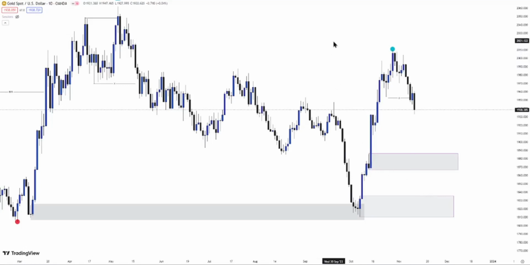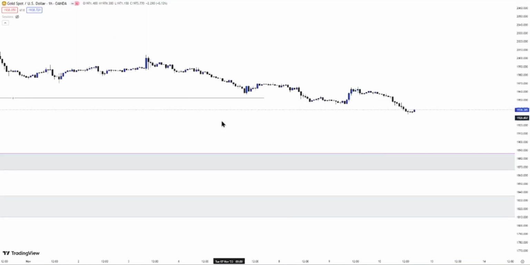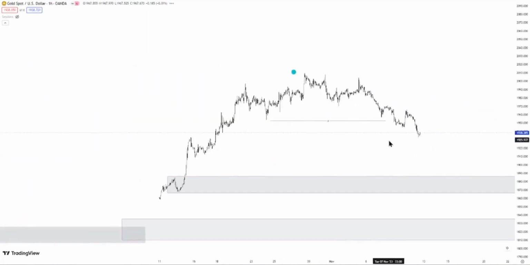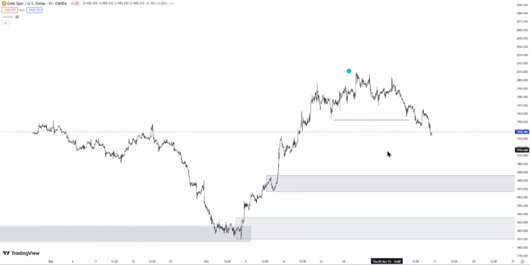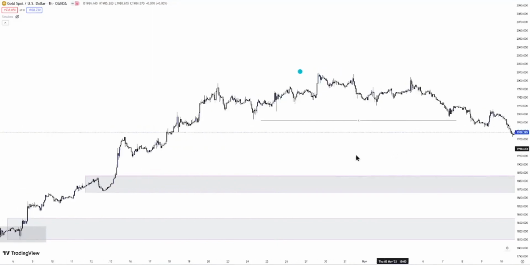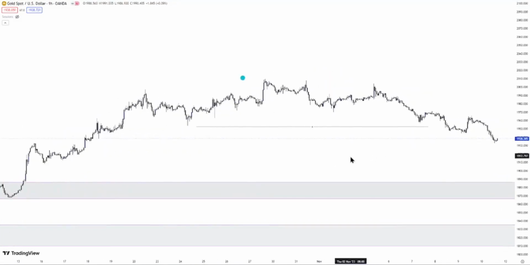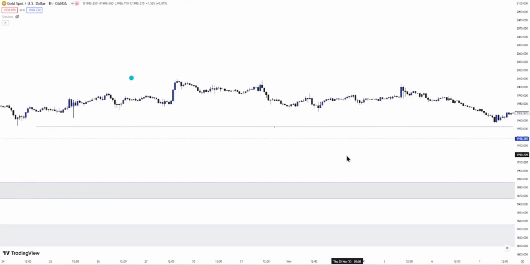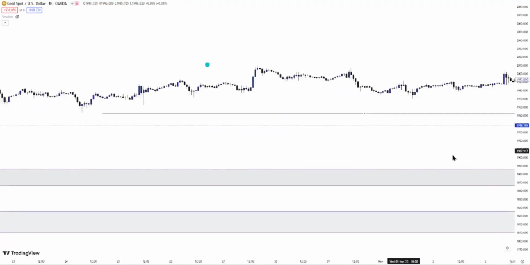Now, let's quickly go to the 1 hour time frame and see what gold is doing. Now, this is your 1 hour time frame. So let's see what gold is doing there on the 1 hour time frame. Let's make it a bit bigger for us to see what is going on.